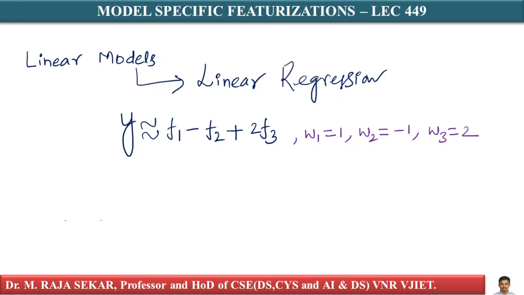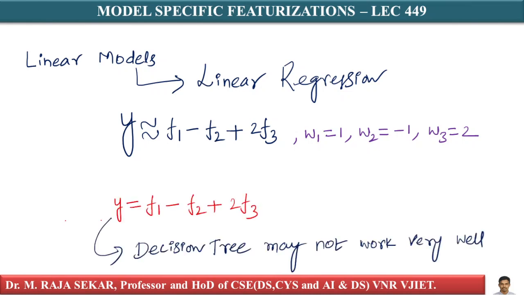Again, this is very, very problem specific, and in cases like this, y equal to F1 minus F2 plus 2F3, decision trees may not work very well, because decision trees do not have this linear way of combining things.